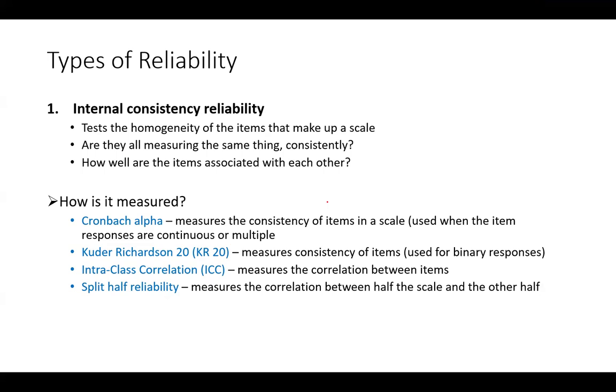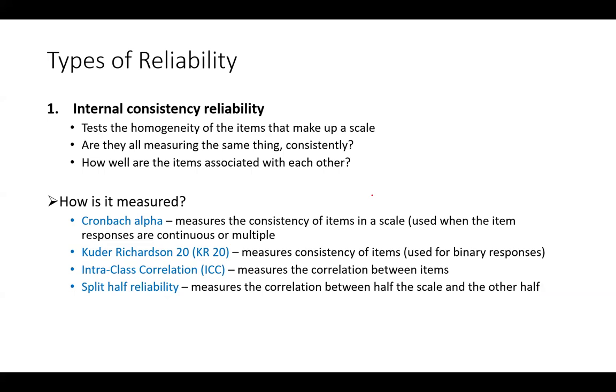So I have 10 items for depression, but the way they are measured is: are you happy? Yes, no. Did you think about this? Yes, no. So they are binary, compared to others that are more Likert scale or continuous. So we use the KR20. There are also other types, like the intra-class correlation, which also measures correlation between the items, or split half reliability.